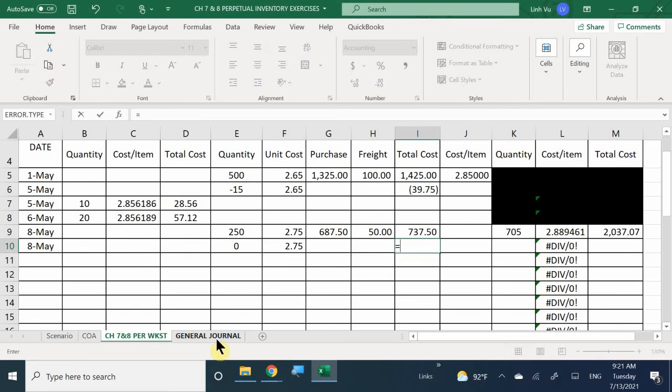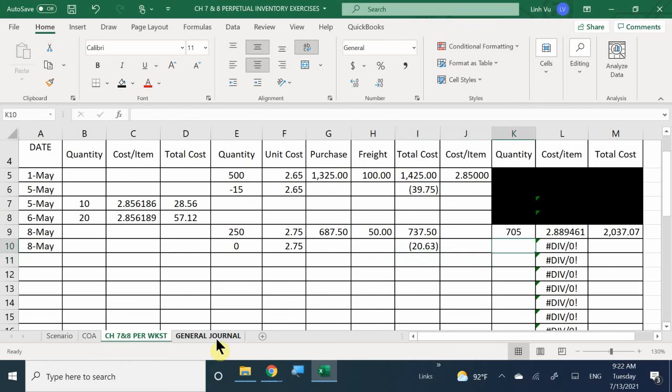So it's going to be 50 times 2.75 times 0.15, which gives me $20.63. Let me redo that again because it has to be negative. Okay, there you go. Negative $20.63. So once again, because I never actually returned anything.